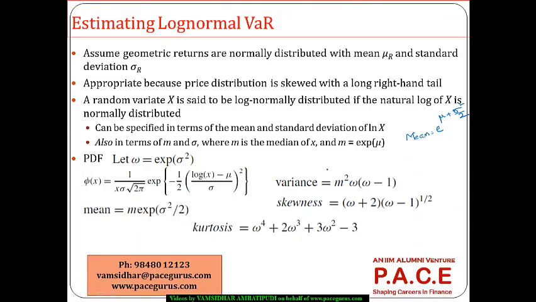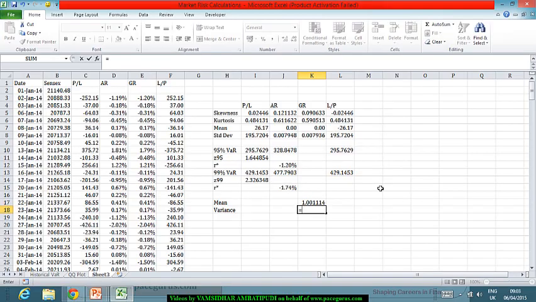It is nothing but mean squared, right? It works out as mean squared into e to the power of sigma squared minus 1. Right, whatever is the log normal's value, I can very well take mean squared times e to the power of sigma squared minus 1. So this is the mean squared times, this is the mean.